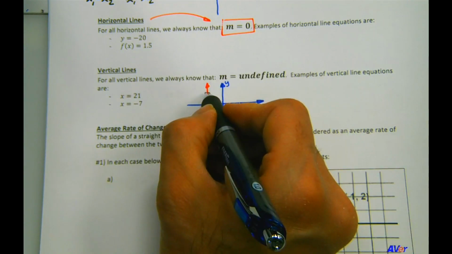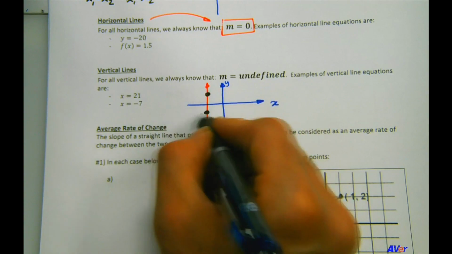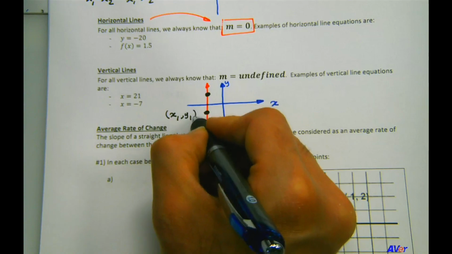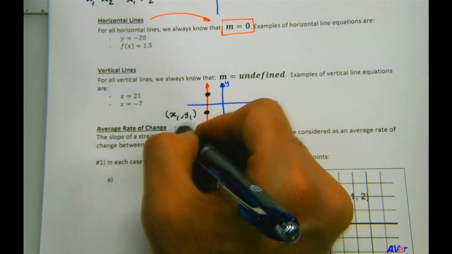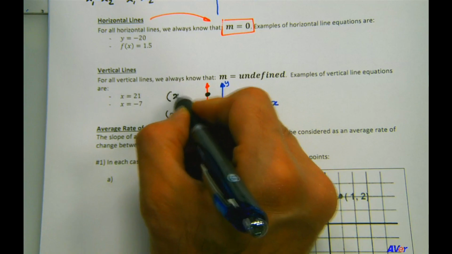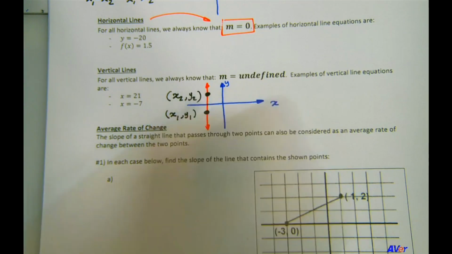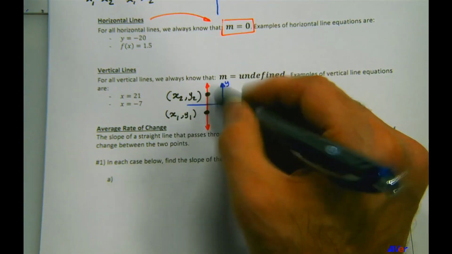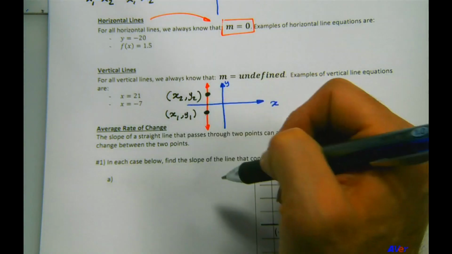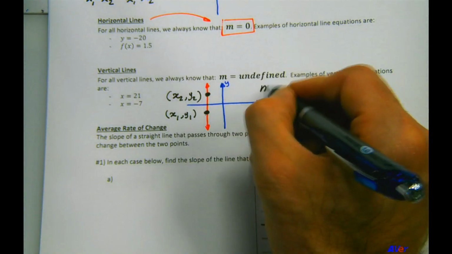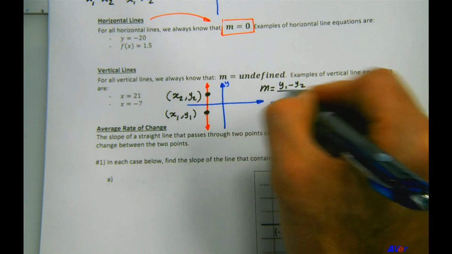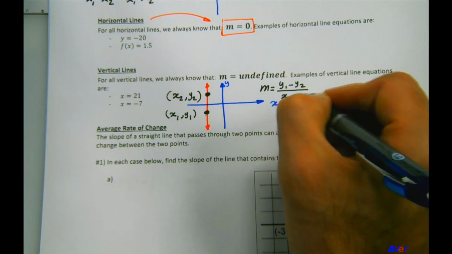Suppose I say that this point, the lower one, has components x1, y1, and this higher point has components x2, y2. Now, if we want to calculate the slope of the straight vertical line that runs between these 2 points, we can apply the slope formula: y1 minus y2 divided by x1 minus x2.